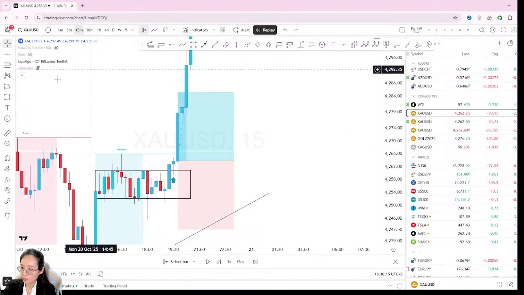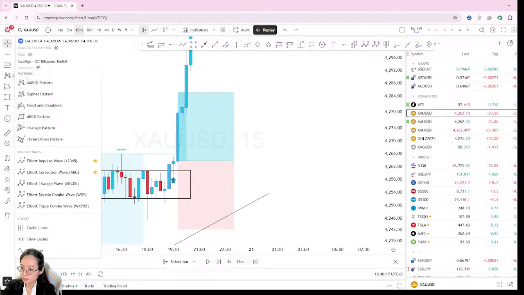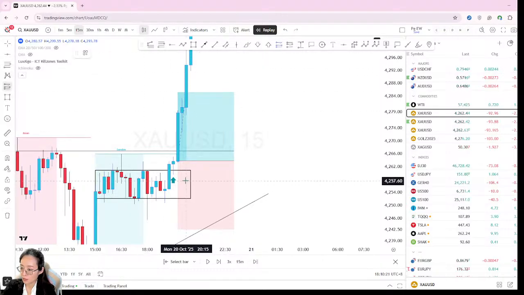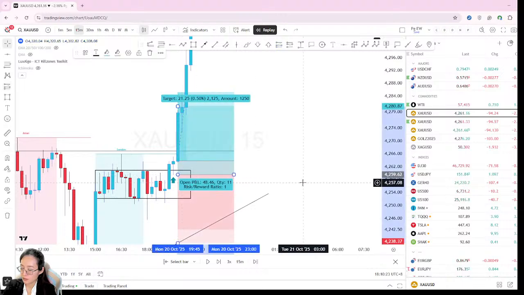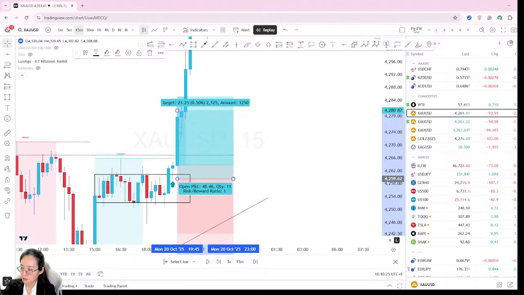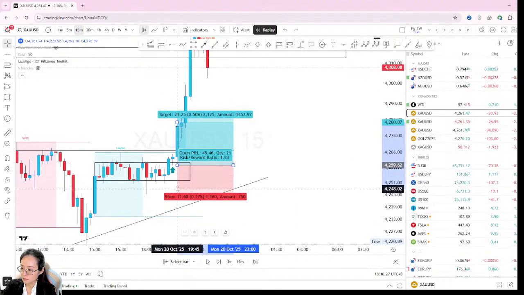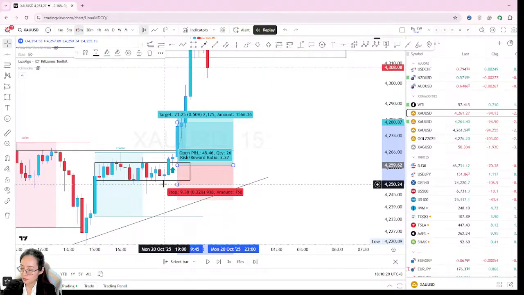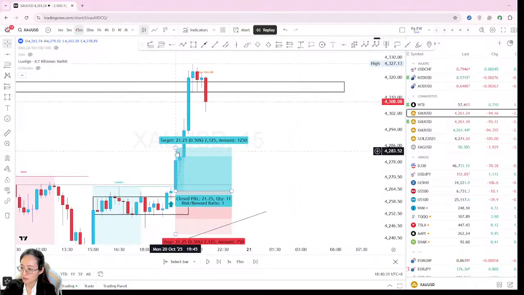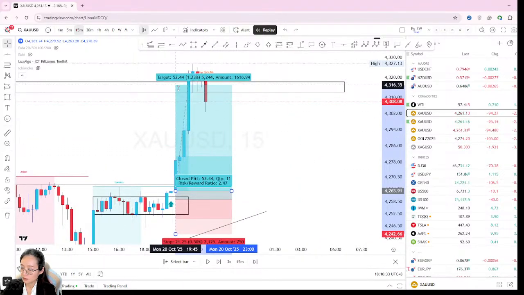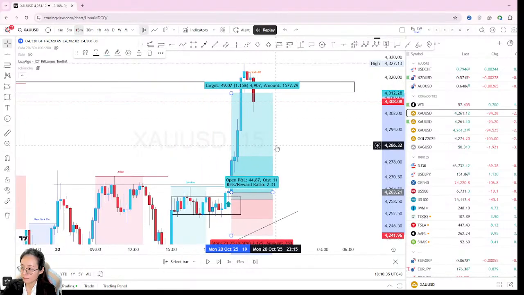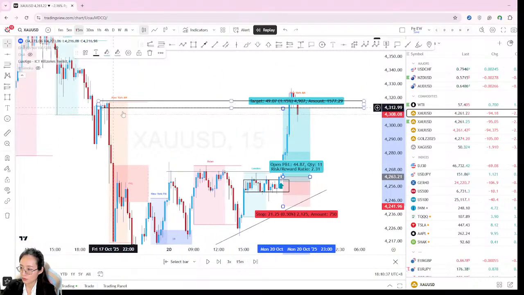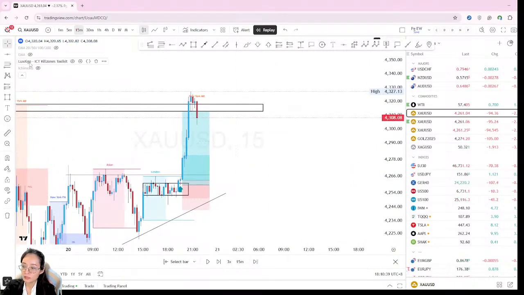But if I wait for the pullback, I'm very conservative, so my entry would be somewhere here. Stop loss, you can aim for this swing low, and for the target, this one is the New York PM high. To me, I think I started to use the ITT killzone toolkits.